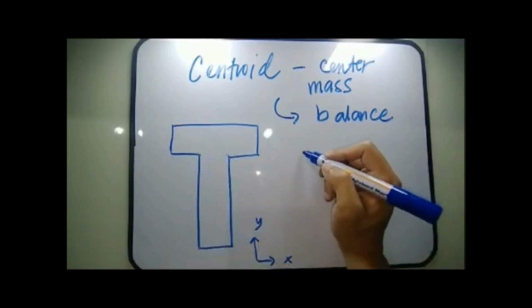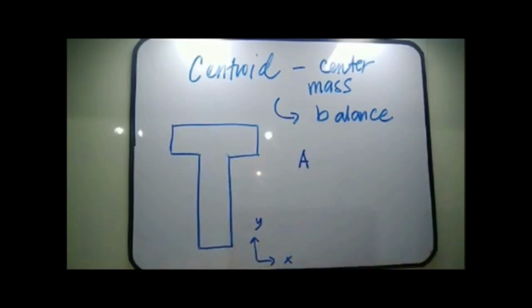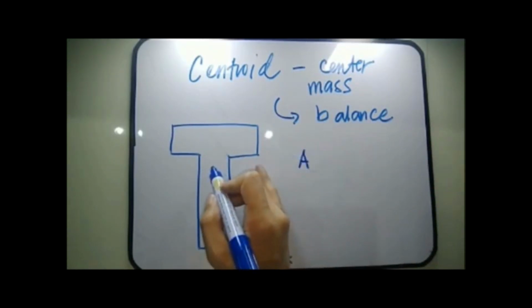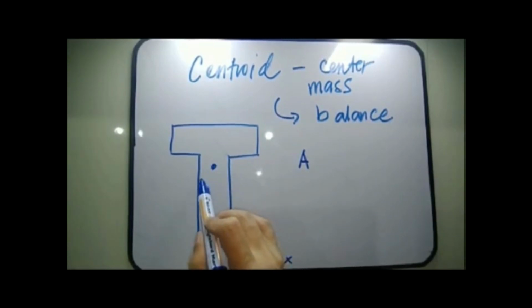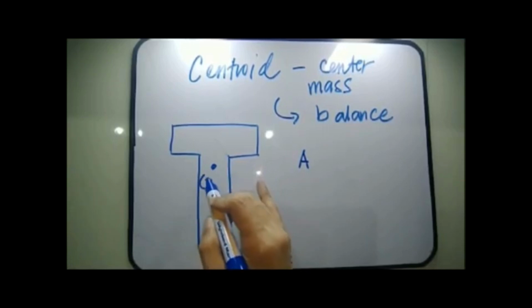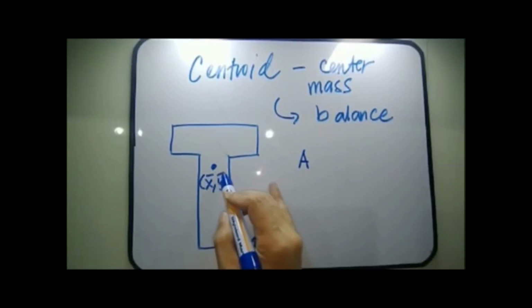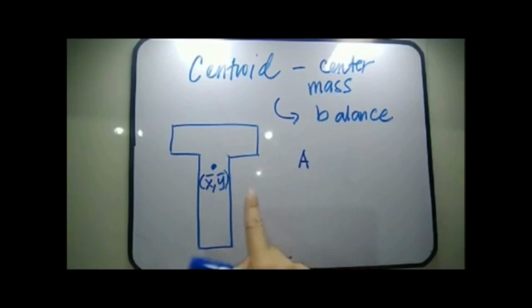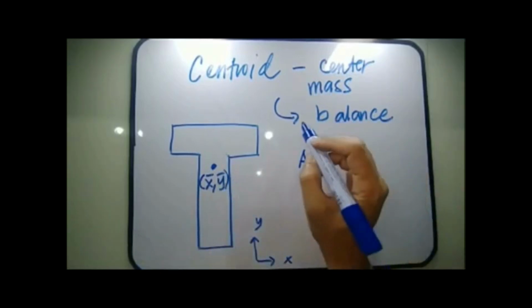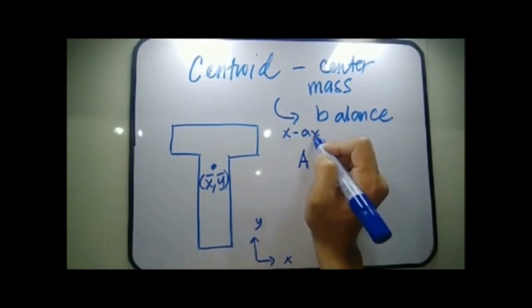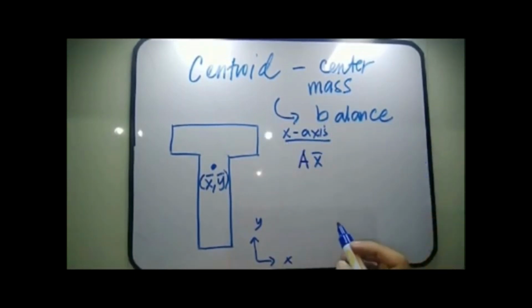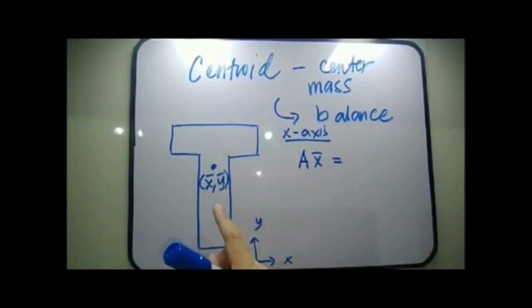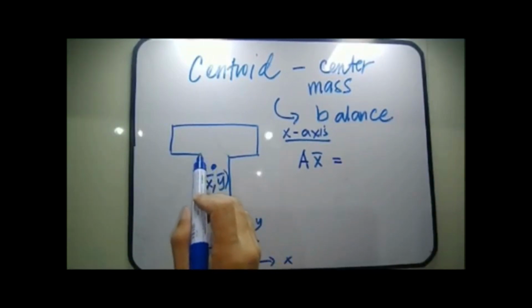So the total area will be A, the area of this T-shape. So let's say that the centroid will be at coordinates x bar and y bar. So you just multiply the area, okay? The area of the whole times the centroid of that total area. Now, we just divide this T-shape into regular shapes. We have here two rectangles, so at the top and at the bottom.